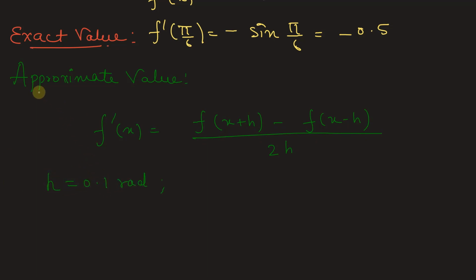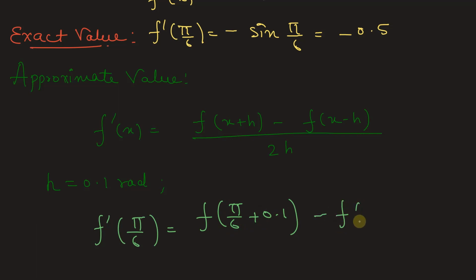Now we need to find the approximate value at pi by 6. So f dash of pi by 6 is equal to f of pi by 6 plus 0.1 minus f of pi by 6 minus 0.1 whole divided by 2 into 0.1.